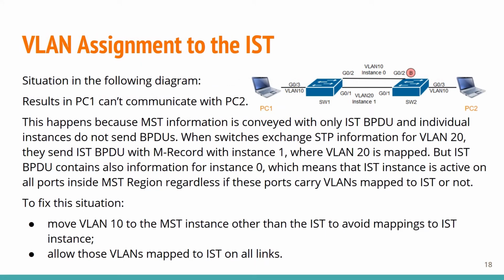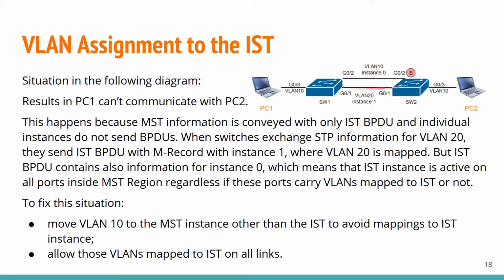For this example, we have topology on the picture where PC1 is connected to SW1 switch to interface G03, which is in VLAN 10, and PC2 is connected to SW2 switch on the interface G03, which is also in VLAN 10. And switches have two links between them. First link is on the G01 interfaces between switches, and the second one on G02 interfaces.